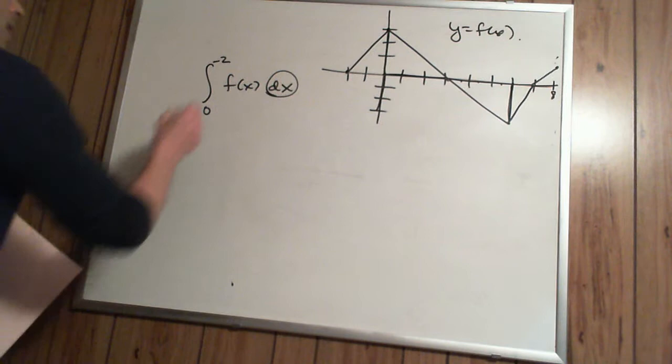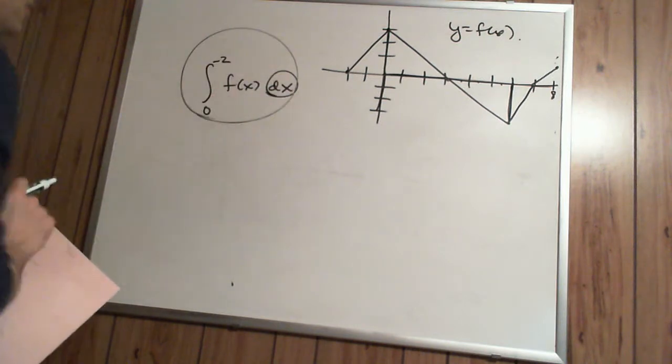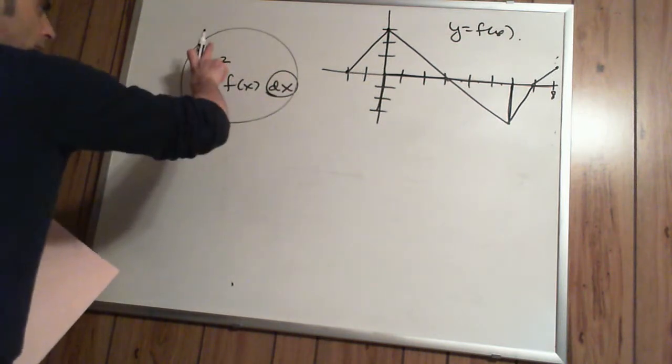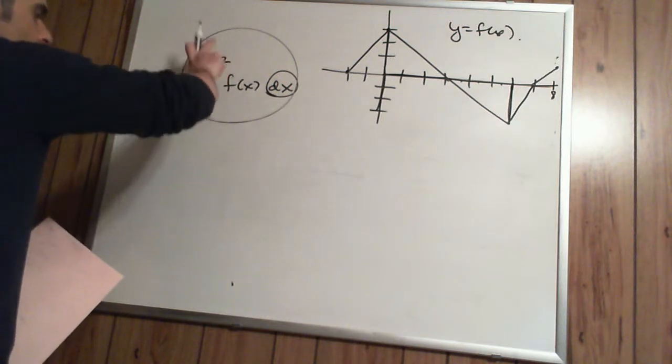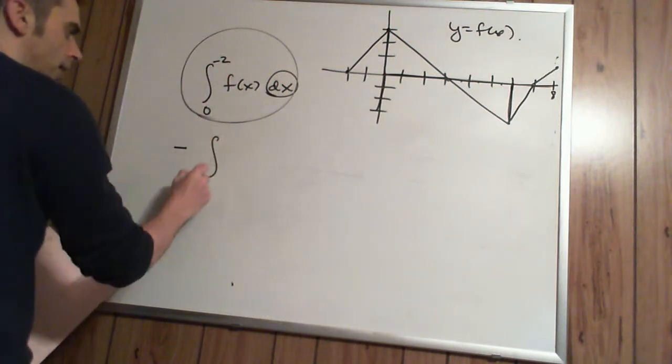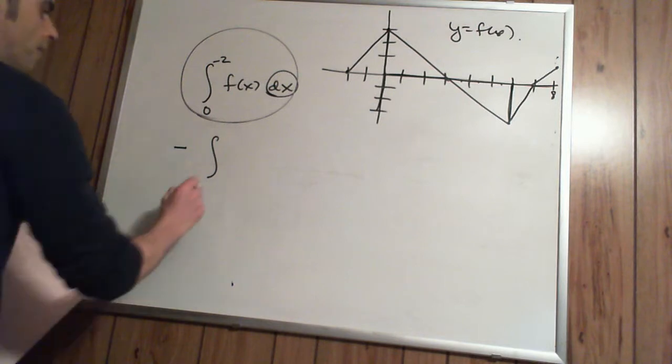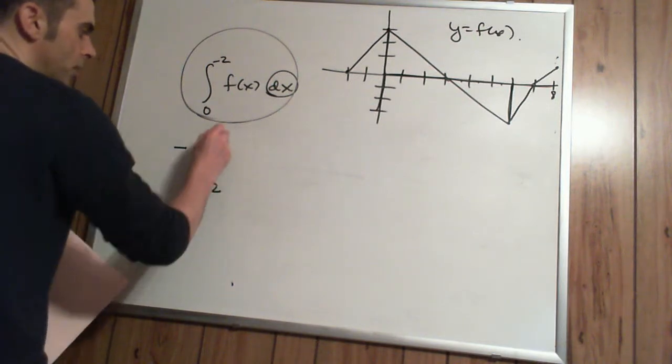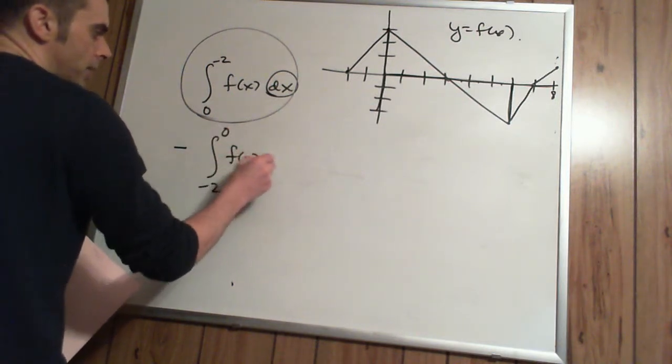So what we can do is switch the limits of integration. And when we switch the limits of integration, we switch the sign. So now this will go from negative 2 to 0 of f of x dx.